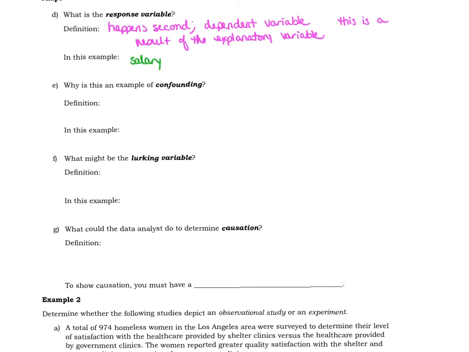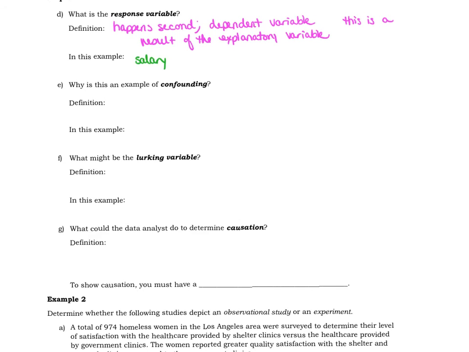So that leads us to what it means to be confounding. A confounding variable, or what it means to be confounding, is that not all variables that affect the response variable are measured.